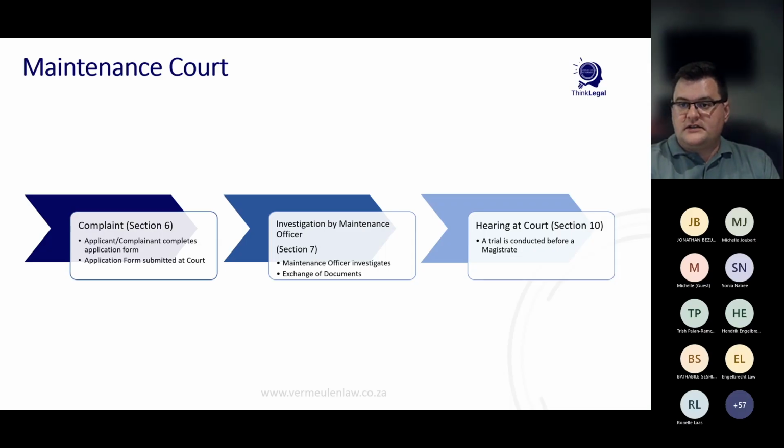Right, let's move on to maintenance court process. As I said earlier, folks, Section 6, Section 7, Section 10 are your Bible when it comes to litigating in the maintenance court. First off, the applicant or complainant completes the application form for maintenance. They submit it at court.